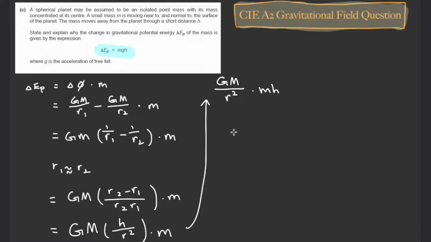And we can prove that because we know that F equals mg, right? And we know that F equals GMm over r squared.